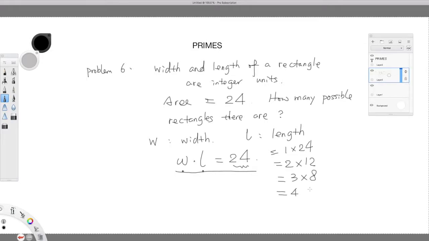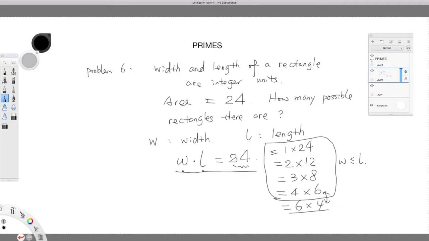Factor 4, 4 times 6. And it depends on whether you count double counting or not, because it can also be written as 6 times 4. But this rectangle is regarded as the same rectangle as 4 times 6, right? So in fact, you only have 4 different combinations if you assume, with a restriction, that W has to be less than L.